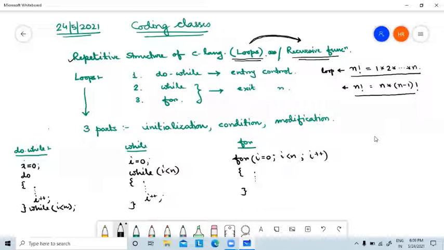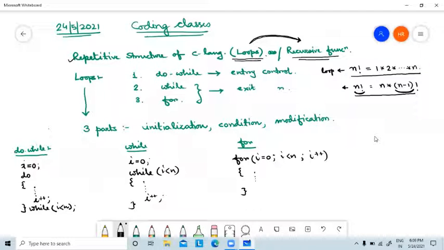Why is it called a recursive definition? Because to calculate the factorial of n, we need to know the factorial of n minus 1. So the definition of factorial itself defines another factorial. That's why it is called a recursive function.